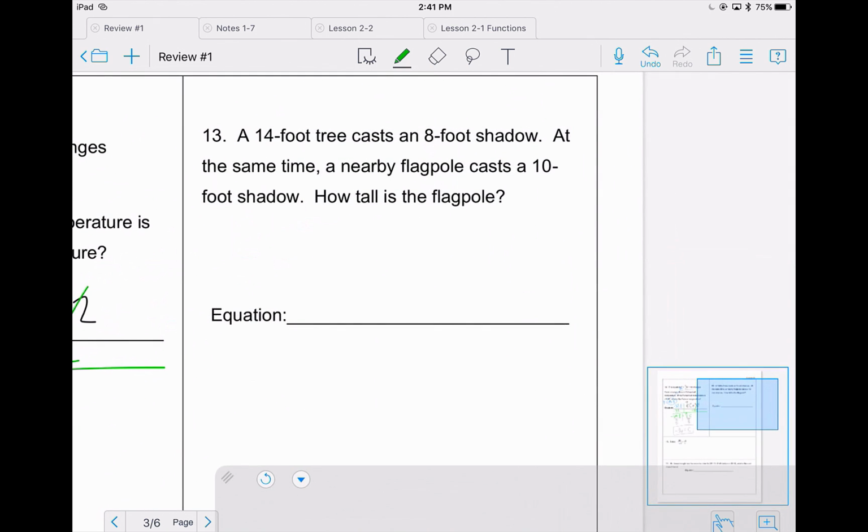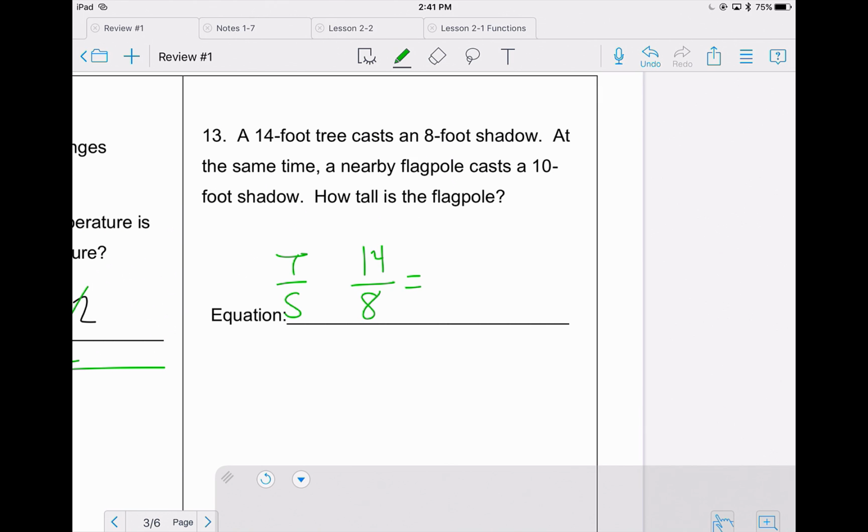Problem 13. A 14-foot tree casts an 8-foot shadow. At the same time, a flagpole nearby casts a 10-foot shadow. How tall is the flagpole? So we have tree to shadow. A 14-foot tree casts an 8-foot shadow. How tall is the flagpole if it casts a 10-foot shadow? In order to solve, I butterfly or cross multiply.